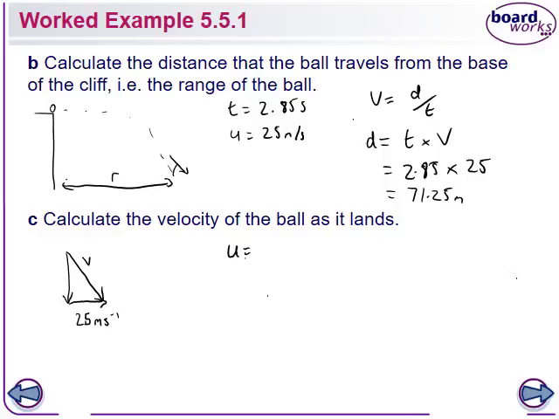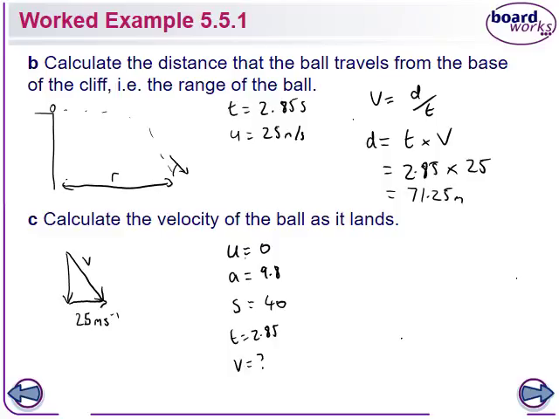We know our initial speed is 0. We know our acceleration is 9.8. We know our distance is 40. If you wanted to, you could use the time you calculated earlier to work this out. So our time is 2.85. That's how long it's in the air for. And we want to know V.